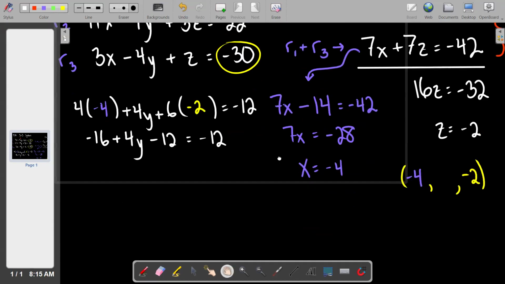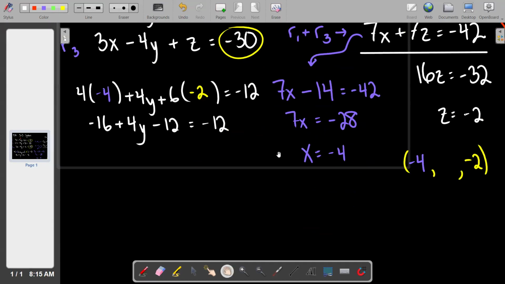And your algebra teacher taught you that you should always combine like terms before you solve the equation. So on the left-hand side, we would identify that there's a -16 and a -12 that need to be put together. What do they make? -28.